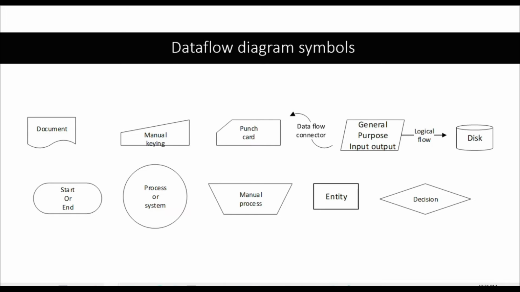Then general purpose input-outputs, to show logical flows, data disk, start and end of a routine process, process or a system, manual process, an entity and a decision. They have unique symbols that can be used in flowchart diagrams.